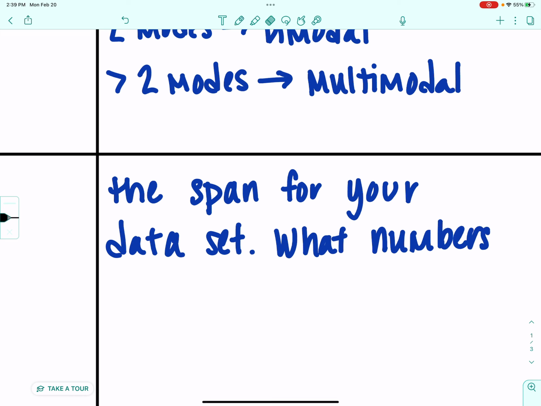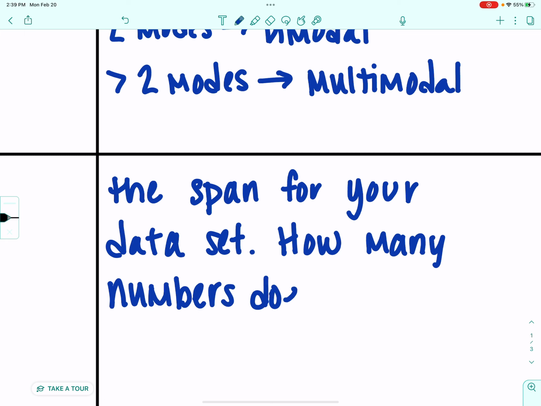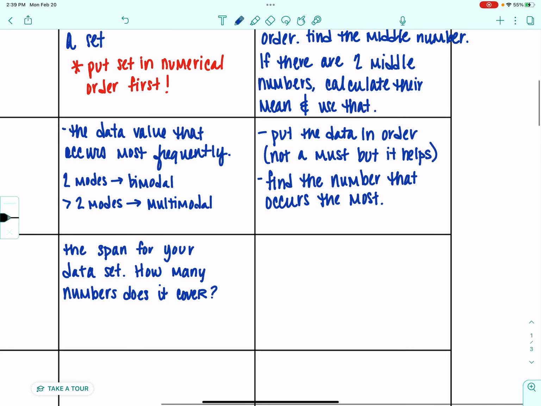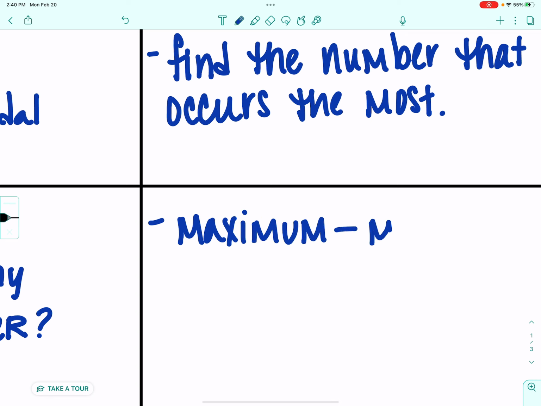Or how many? That's maybe better. Super easy to find. You take your maximum value and subtract the minimum. That's it.